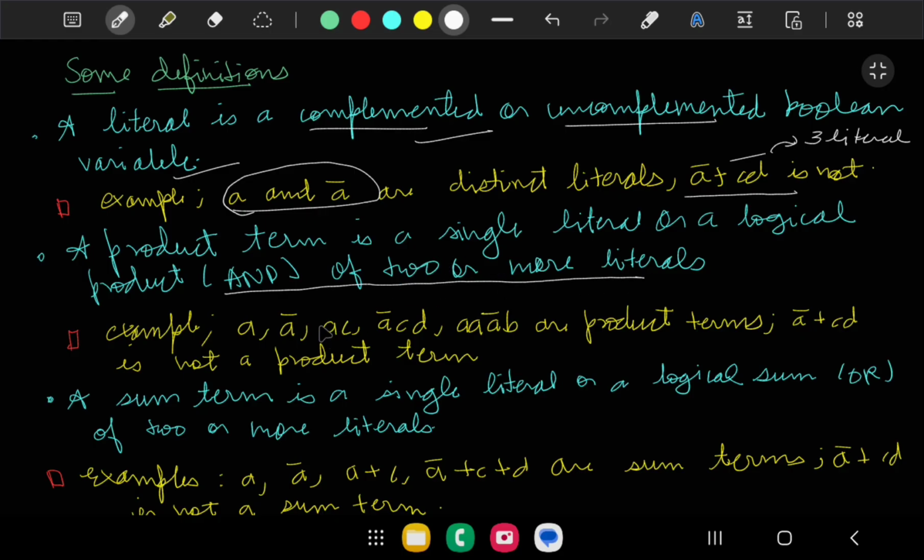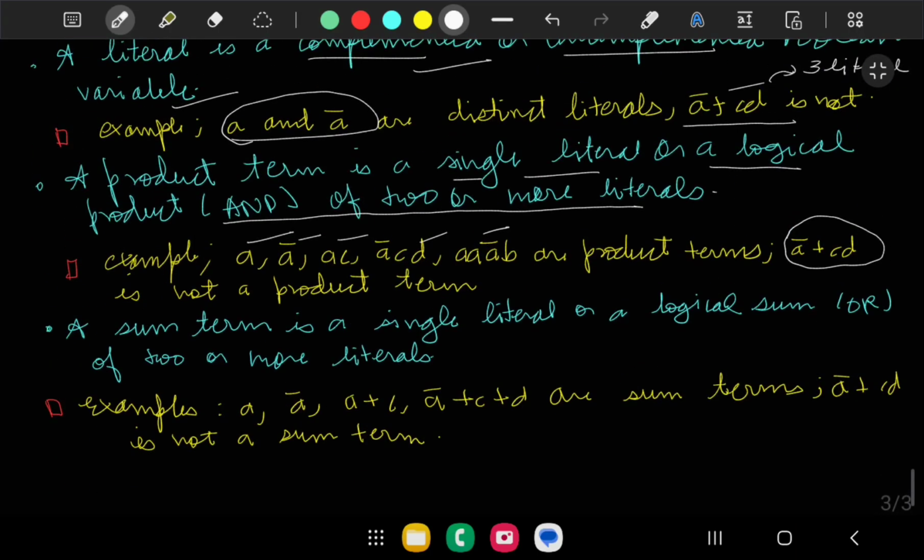So I can say that single literal or two or more literals ANDed. So what is the product term? For example, this is a product term, this is the product, all of these are product term. But this is not a product term. So what is a product term if you notice? It means multiplication.